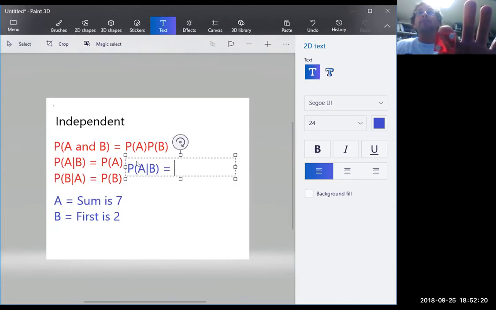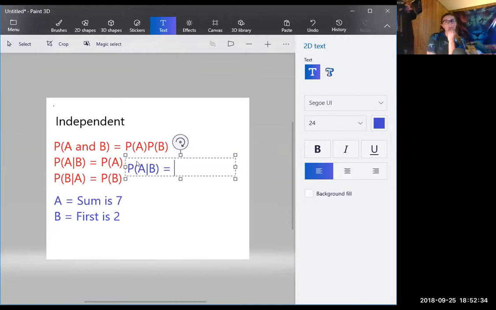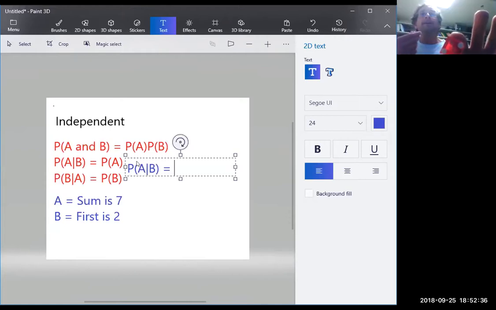So now, what's the probability that the sum of the 2 dice is a 7? So if the first is a 2, how many ways are there of having a 7? 1. There's only one way. What must the second be? 5. Is that clear? It's the only way you're going to get a 7 if the first is a 2. So that's the numerator.